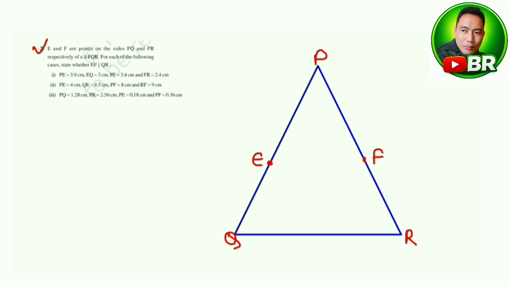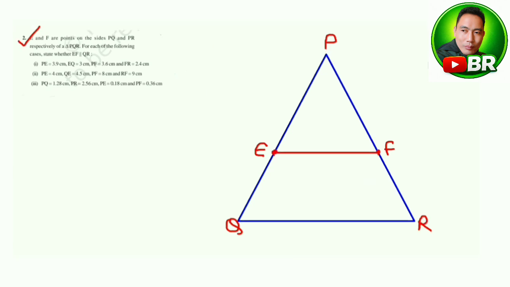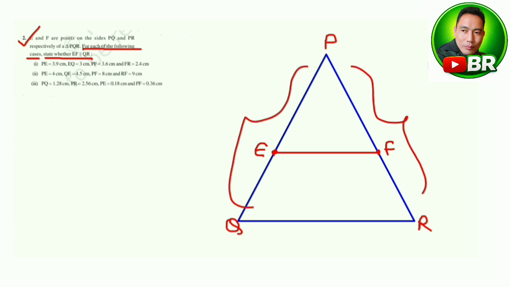Now, let's join these 2 points with a line. Now, the question is, for each of the following cases, state whether EF is parallel to QR. Students, to check whether EF is parallel to QR, firstly we need to find the ratio of sides PQ and PR, right?